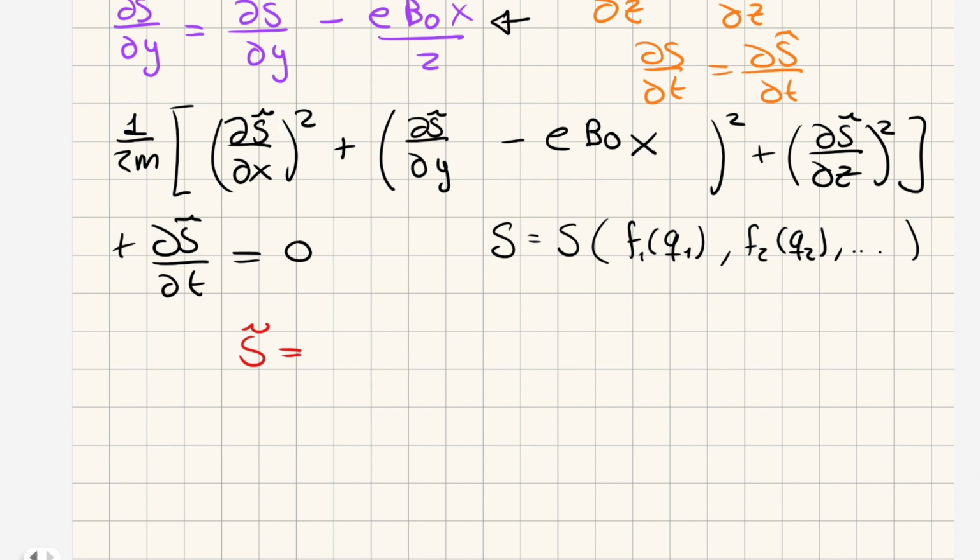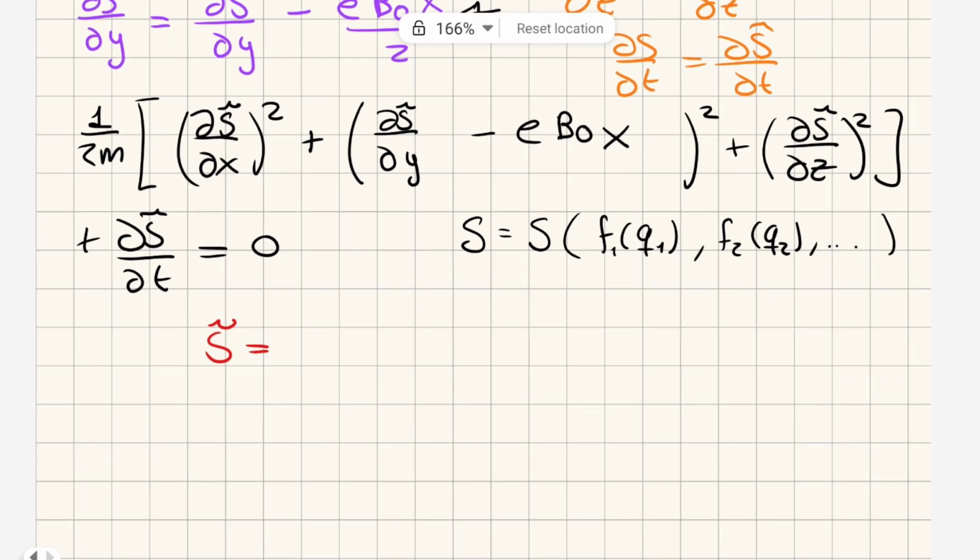So remember that we have been working with these equations, and we say that when we are using the method of separation of variables, if the generalized coordinate does not appear in the Hamilton-Jacobi equation, we can propose that the function corresponding to that generalized coordinate is going to be a linear function. So what I mean with this is that, for example, looking that the y doesn't appear in the Hamilton-Jacobi equation, we can propose that the function for y will be a linear function of the form p2y.